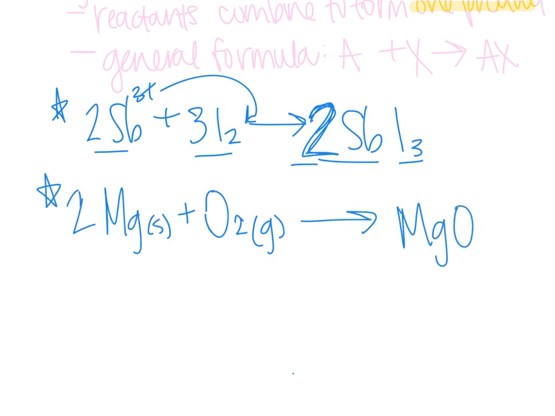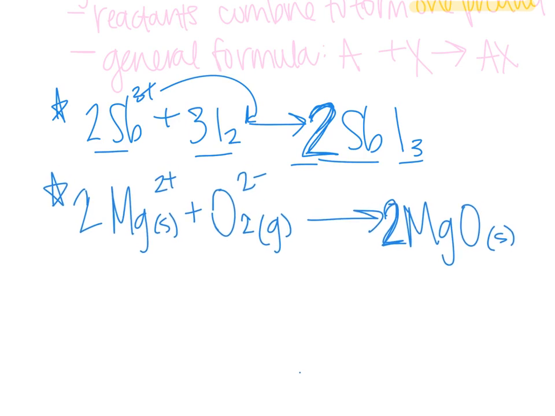And it's just O, not O2, because the 2 plus charge and the 2 minus charge here cancel out. So we'll just have one of each of those. And MgO is a solid. So now we have to go back and balance the equation. So here we have 2 magnesiums and 2 oxygens. And here we just have one of each. So this can easily be balanced by just putting a 2 there. Okay.